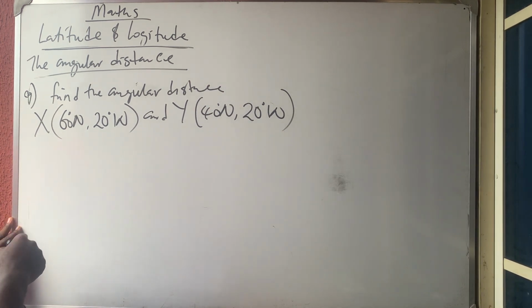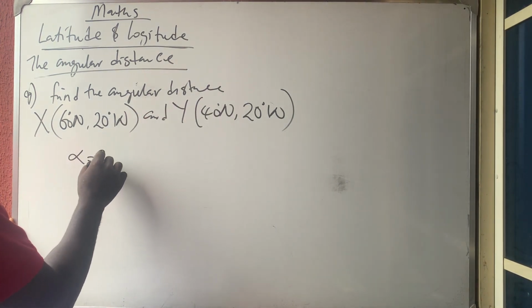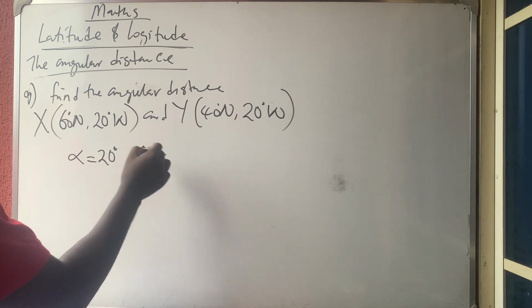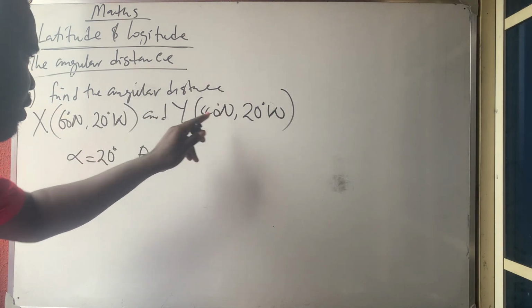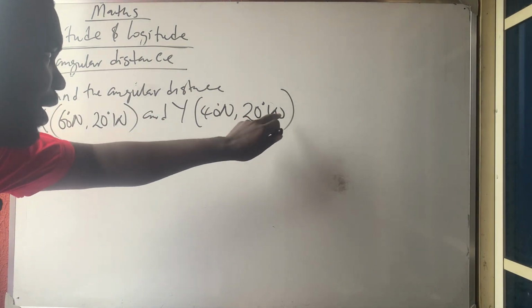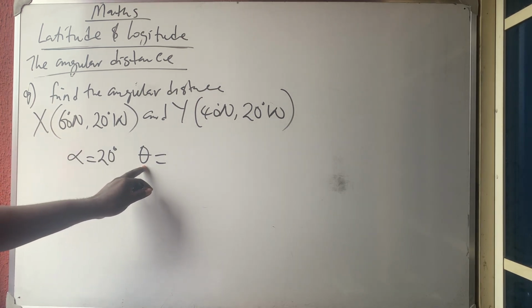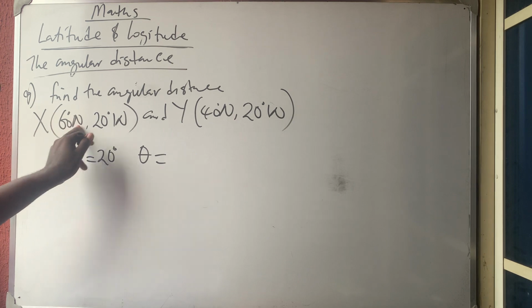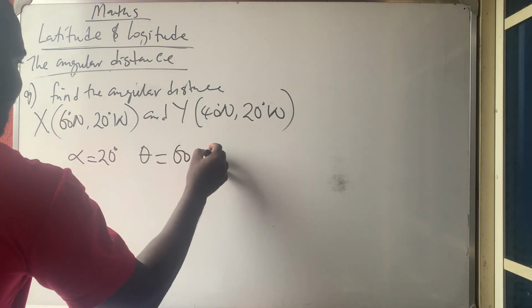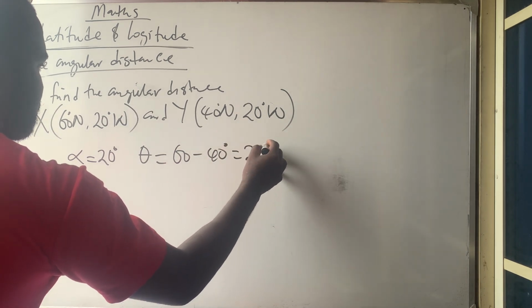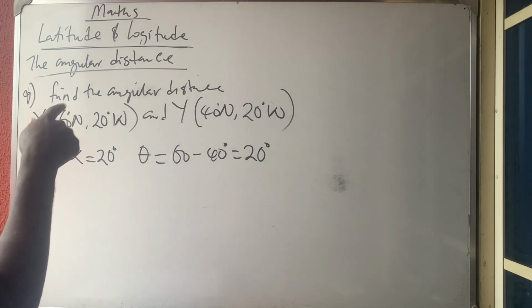Without drawing, you should know that your alpha is the one they have in common, which is 20 degrees west, the same 20 degrees west. That is why my alpha is 20. Then my theta is gotten from the remaining one. This is north and north, they are on the same side, so I'm going to subtract. 60 minus 40 gives you 20 degrees. So 20 degrees is the angular distance between them.